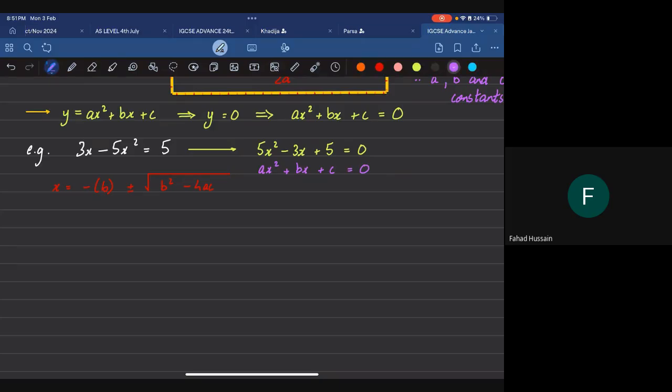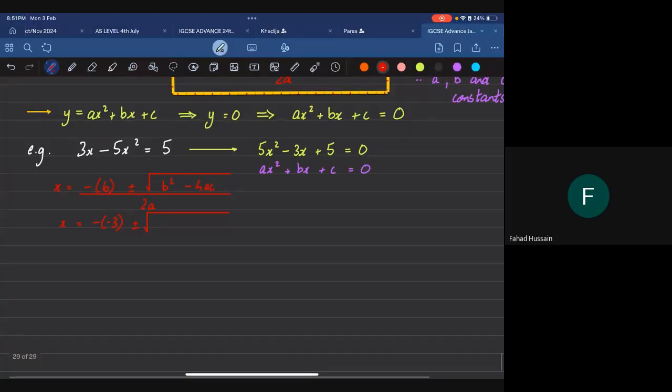If I write it down in the answer, first I need to write down the entire formula: x is equal to minus b, b is already minus, so it's minus minus 3, plus minus under root, you guys should not be getting that under root 91. Let's see what's the issue. So it's going to be minus 3 whole squared minus 4 times a, which is 5, times c, which is also 5.